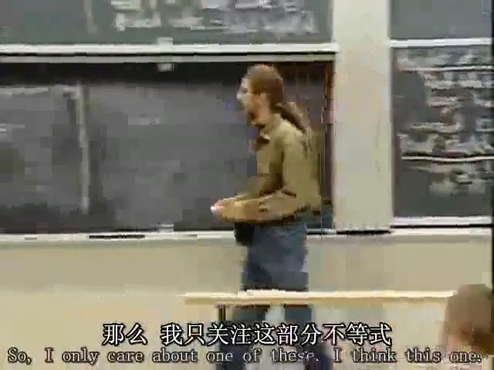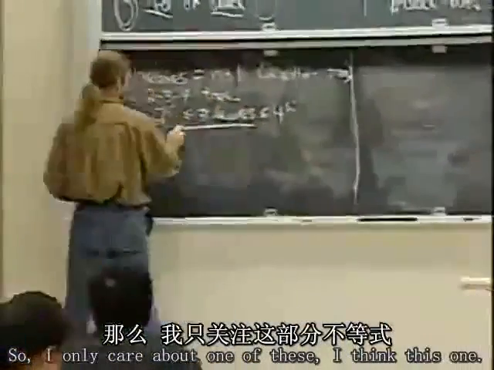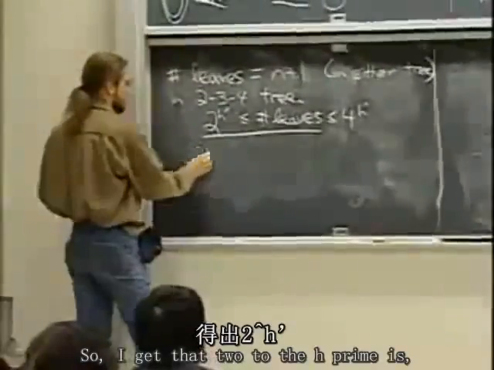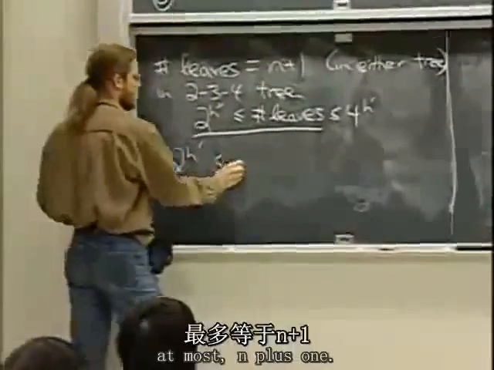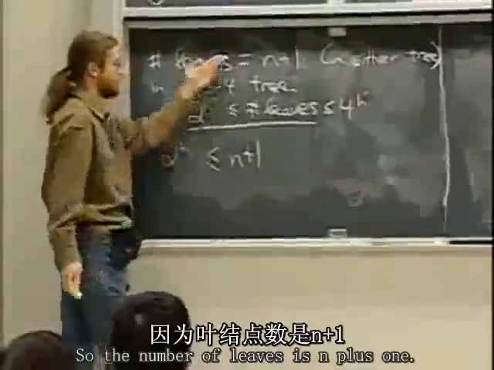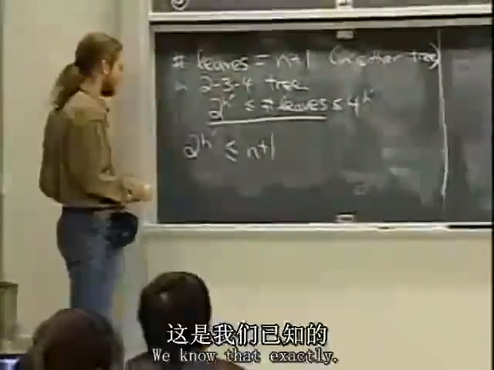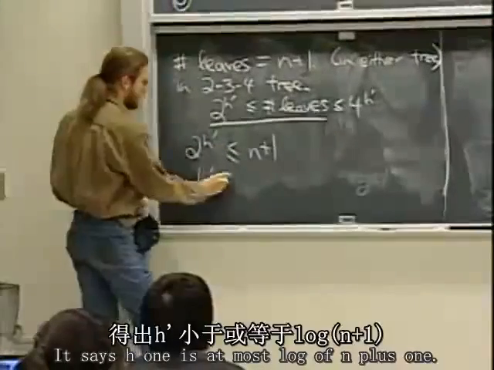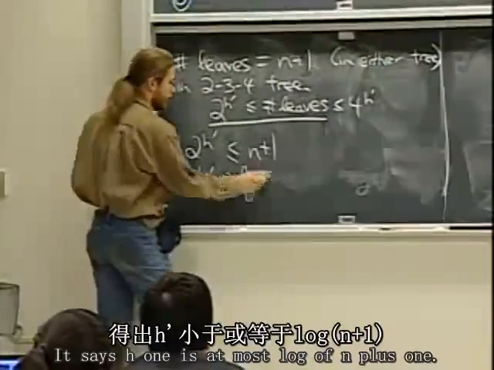So I only care about one of these, I think this one. So I get that 2 to the h prime is at most n plus 1, because the number of leaves is n plus 1. We know that exactly. So we take logs of both sides. This is h prime is at most log of n plus 1.